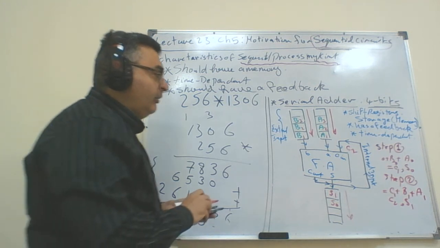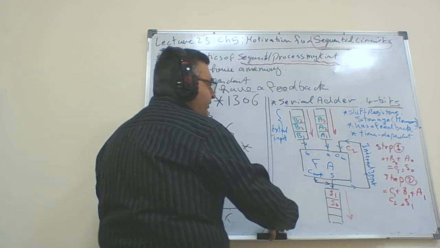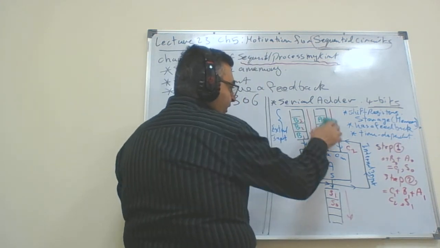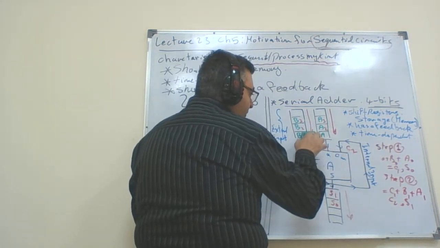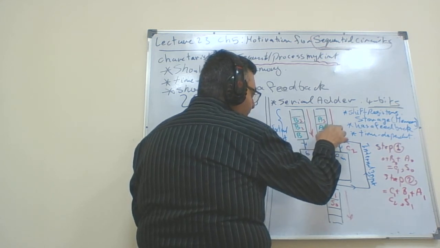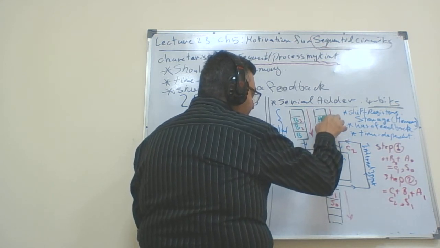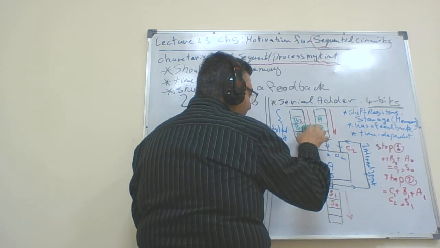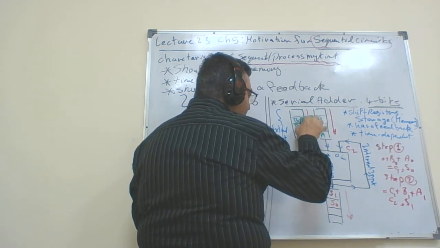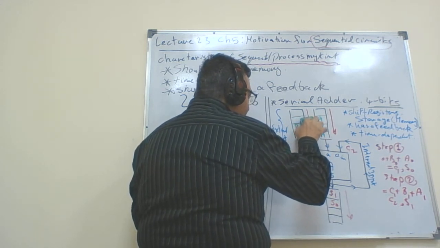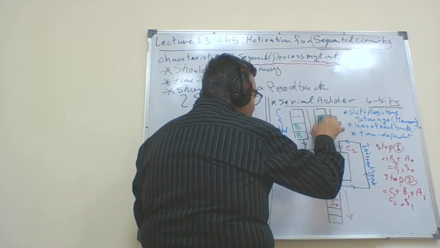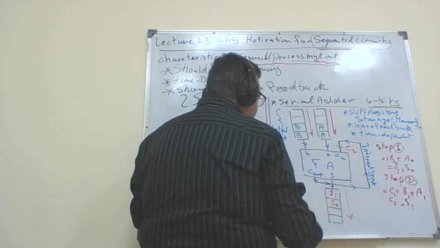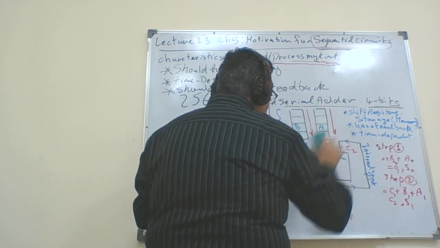Agree? Now going to step number 3. In step number 3, A1 and B1 have been shifted already inside the full adder. So right now at the beginning of step number 3, I would have new values applied on the inputs for my full adder.